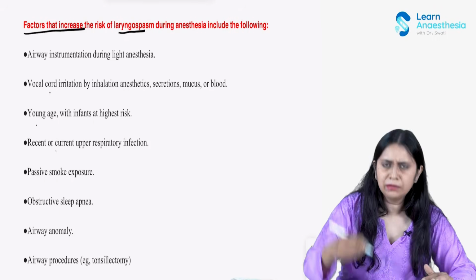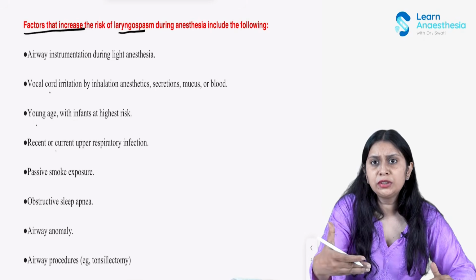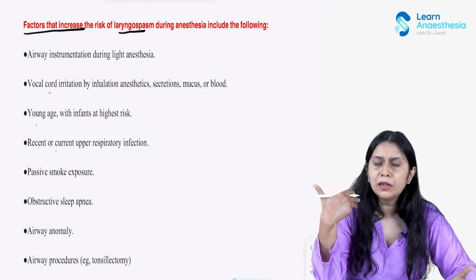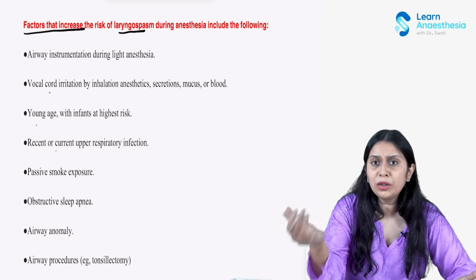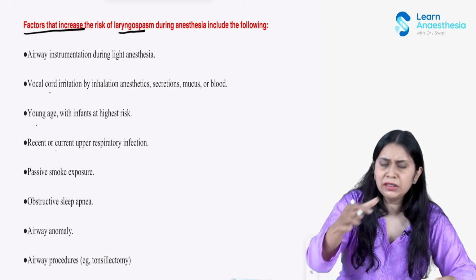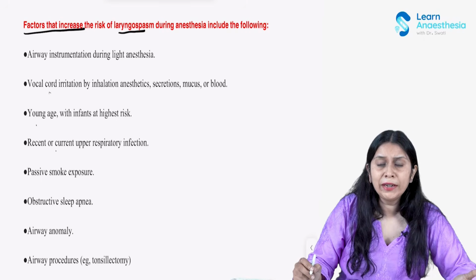There are actually a lot of predisposing factors. The age is one factor, the type of surgery the patient is undergoing is one factor, then our approach of airway instrumentation, how much stimulus we have given, what kind of stimulus is resulting in the laryngospasm is a factor. So let us see what these factors are, and we have to take care to avoid them.